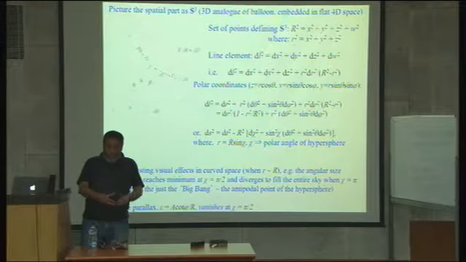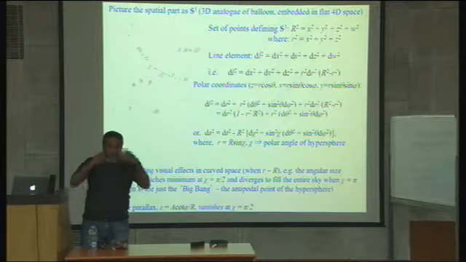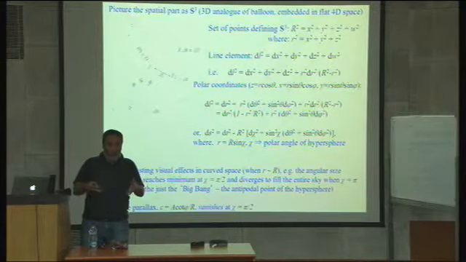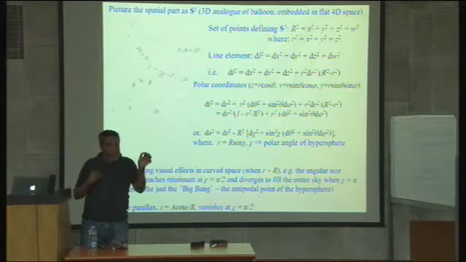And then when you get to the South Pole, if I have a source of light there, then the light will come to me from all directions, and it will fill my whole sky. So the Big Bang, if you like, is the antipodal point of this hypersphere, where we are sitting at some point, right? And that point is arbitrarily chosen because all points are equivalent on a sphere.